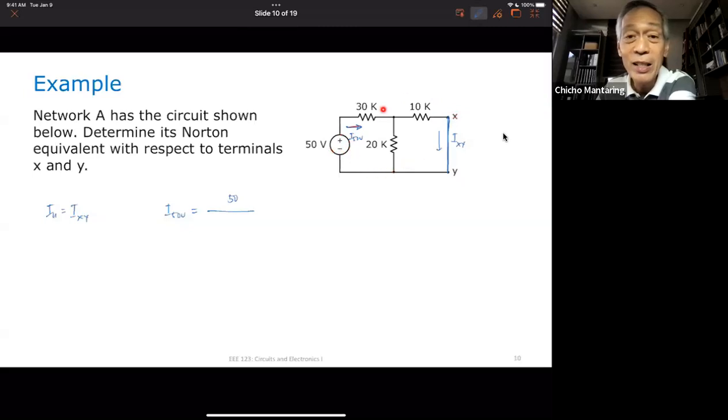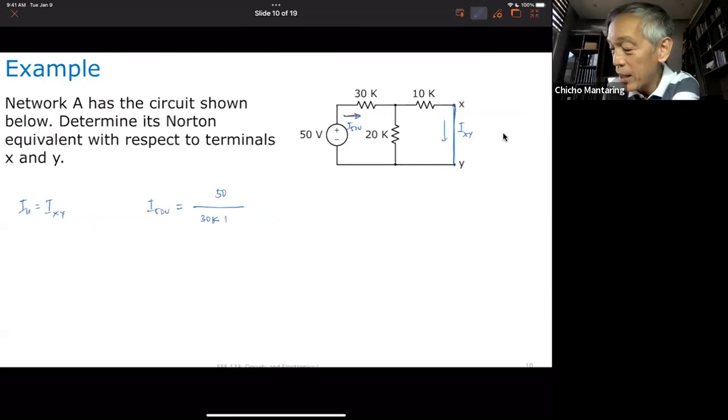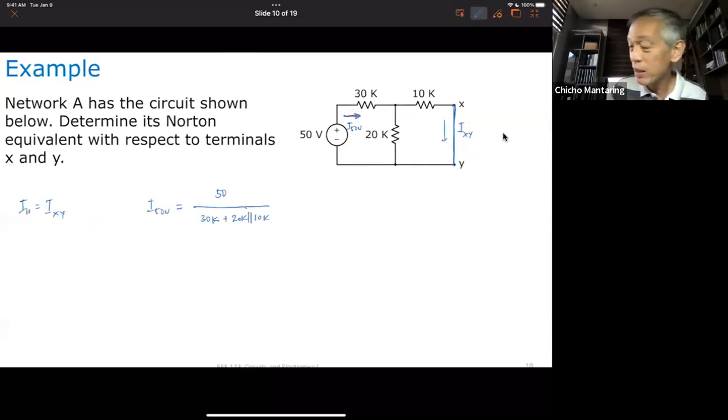Now, what is this? The total resistance is 30K plus 20K in parallel with 10K. And this is going to be 1.3636 mA.